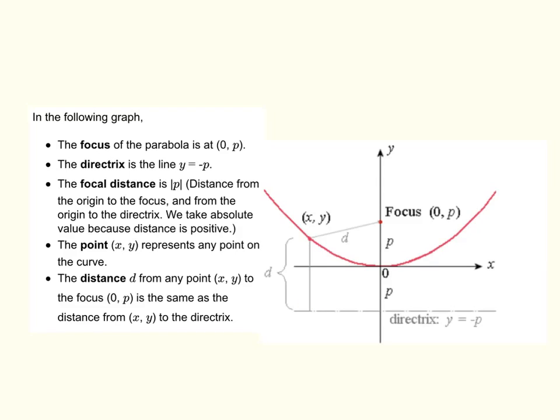So each point that is part of the parabola is equidistant from the focus and the directrix. If you will, now is a good time to stop this video and watch the other little clip that I've sent for you. It shows you one way that the parabola can be created.